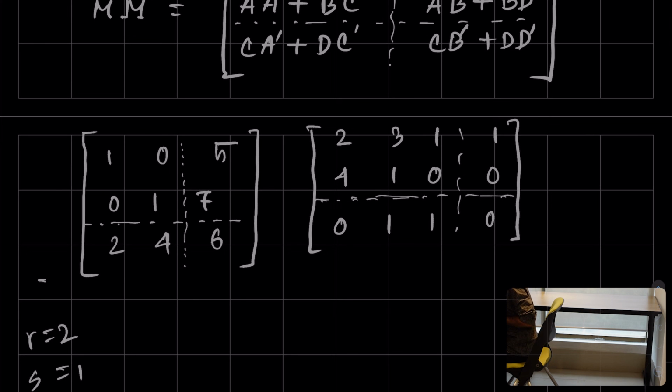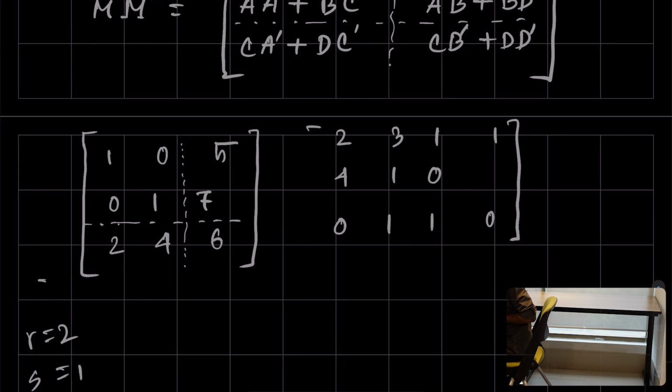I still can decompose it in this way. 2, 4, 1, 0. This can take this.